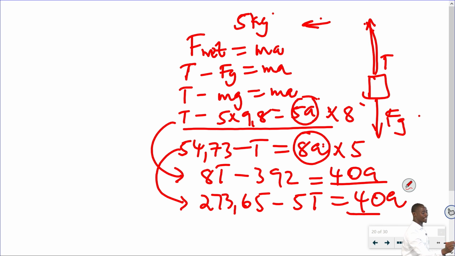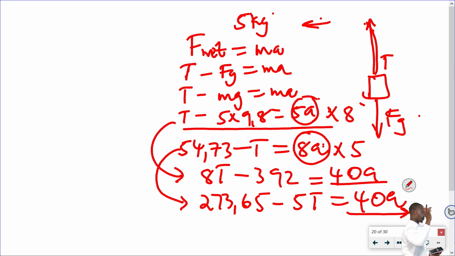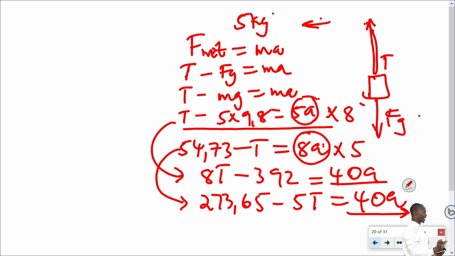So I can just equate the two, or subtract equation 1 from equation 2. It's up to you, right? So let me add another page. Okay, so let's go back. What am I having here?